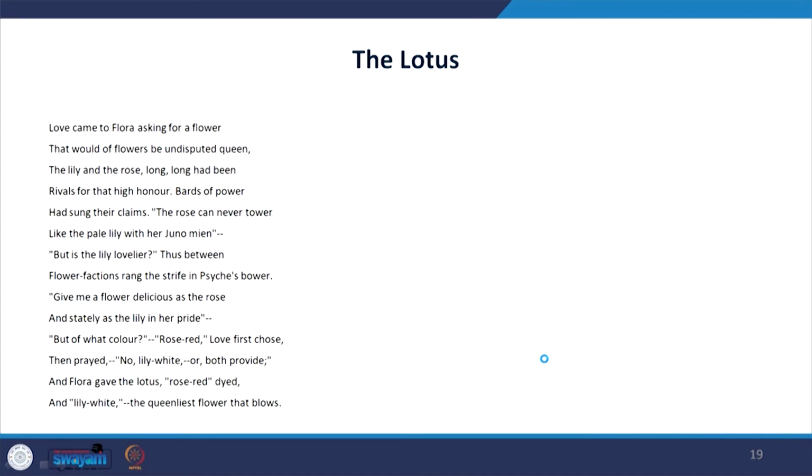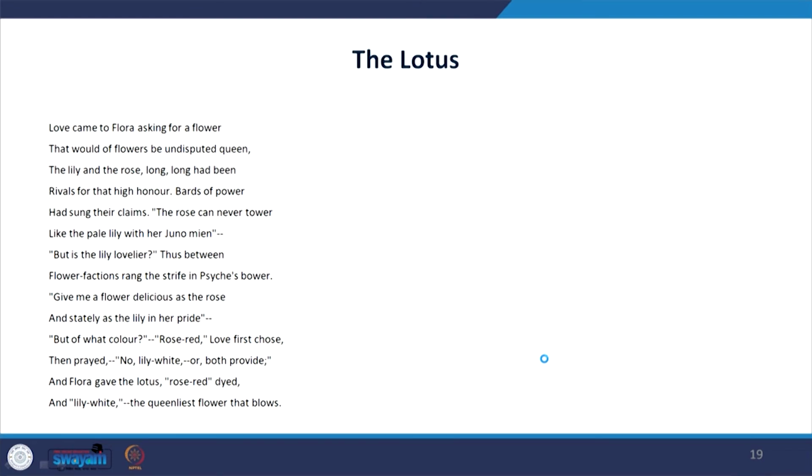But of what color? Rose red. So the flower says, what color? Rose red. Love first chose and then prayed, no, lily white or both provide. And Flora gave the lotus, rose red dyed and lily white, the queenliest flower that blows.